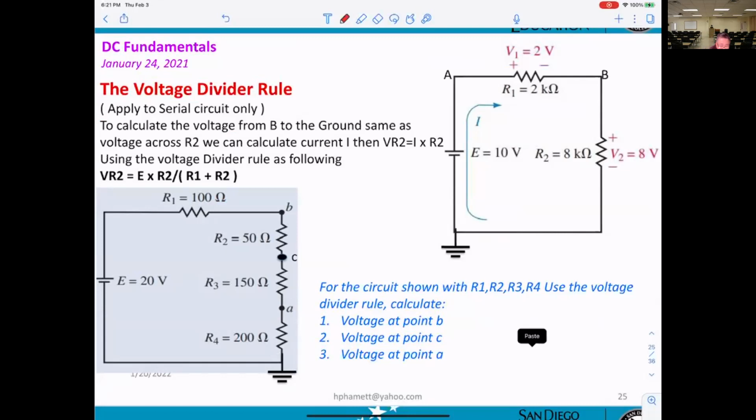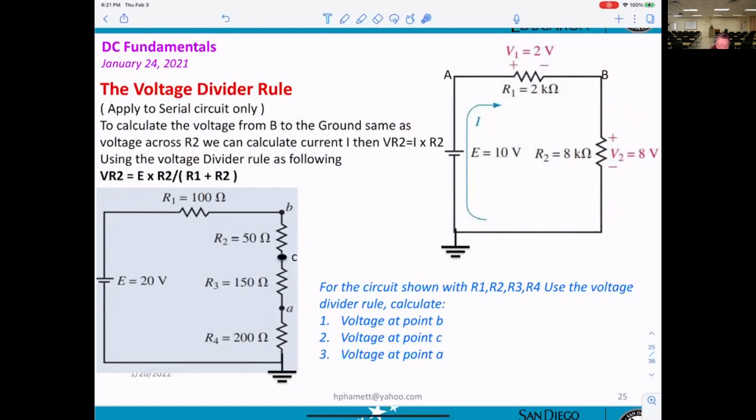It applies to series circuits only. To calculate the voltage from B to ground, it is the same as the voltage across R2.